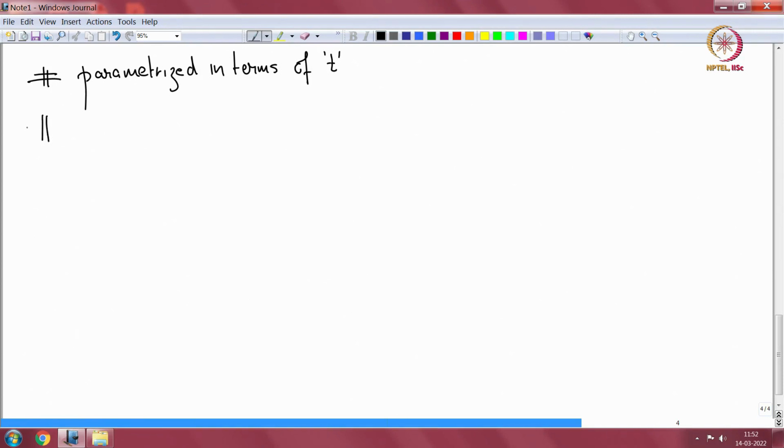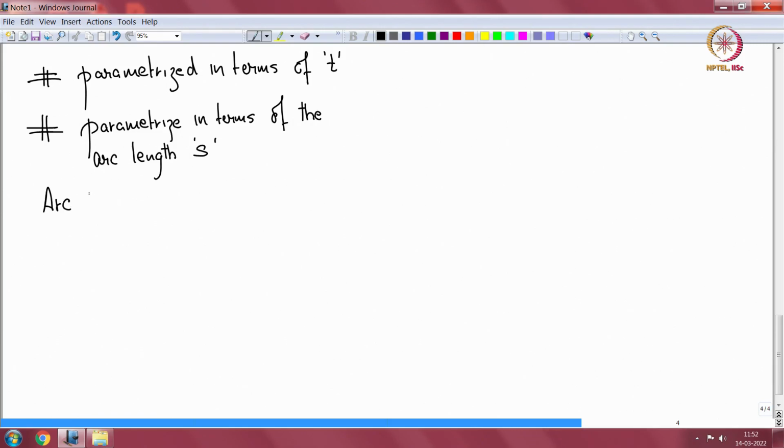What we are going to now do is parametrize in terms of the arc length S. Okay, so what is arc length?